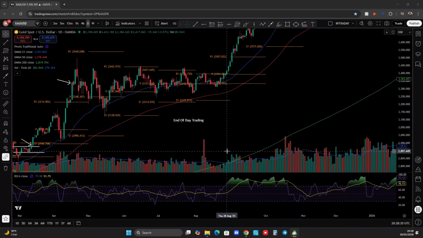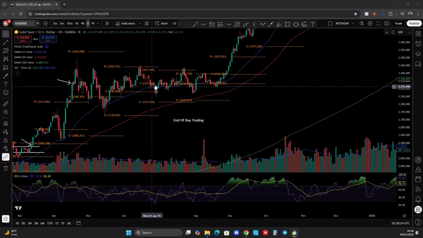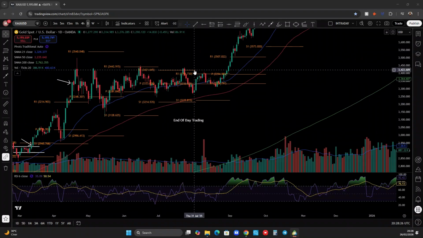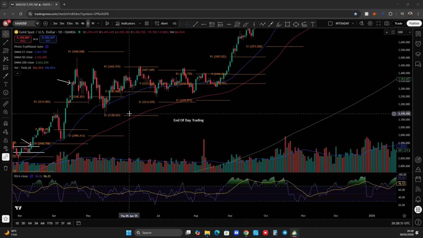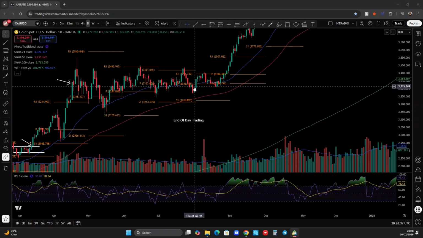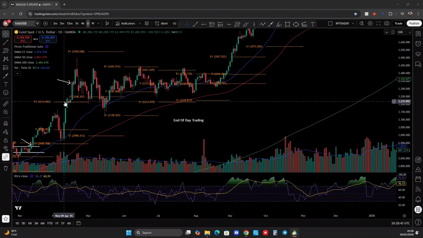So on a higher time frame, all of these levels that you see here are stronger. You know that once the market hits these levels, there is going to be a bounce, right? 9 times out of 10, there is going to be a bounce. Now, if you look at it, this here is a range, but we had some sideways movement here at this level.